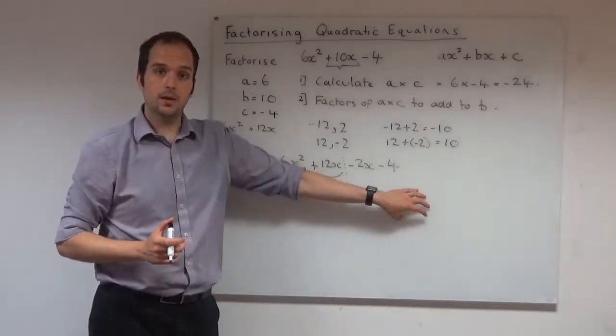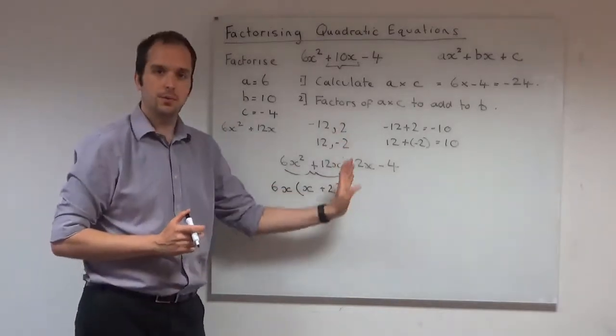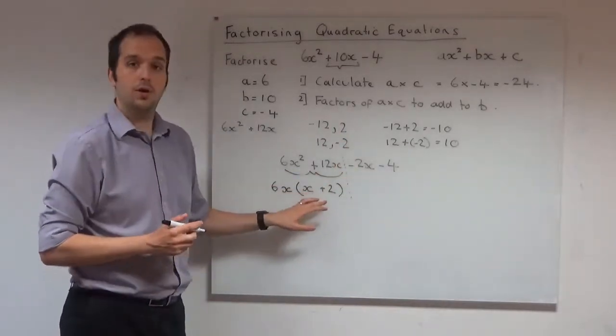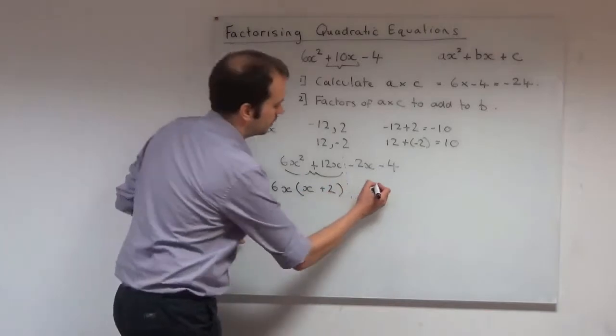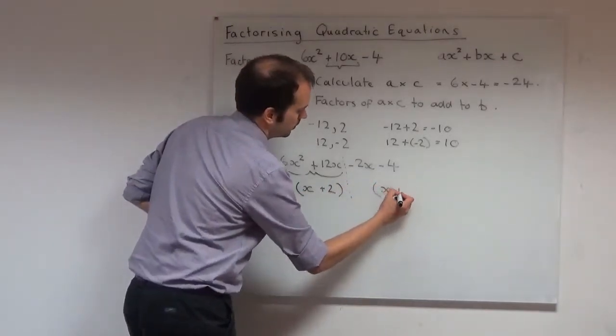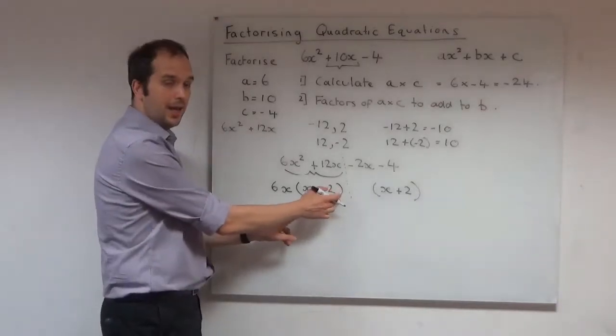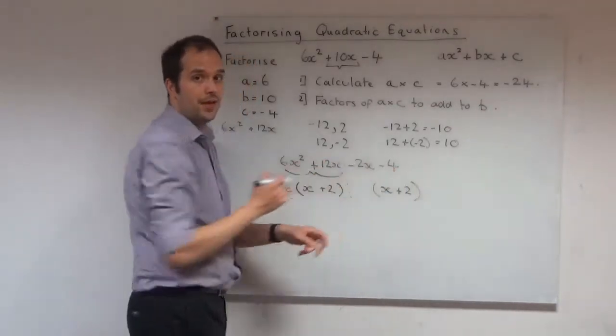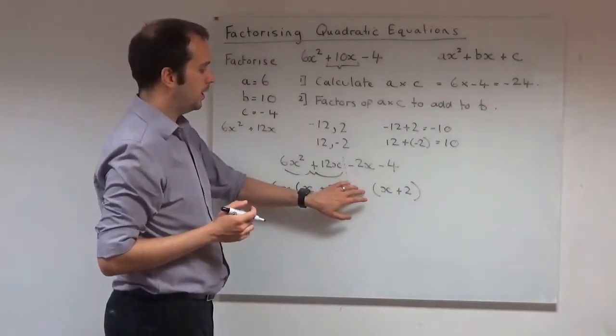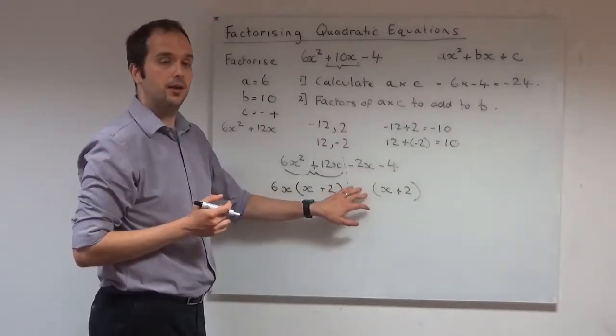So for the right hand side of this invisible line that we've put in, I'm going to put an x plus 2 again. Because what I want in the bracket here should be the same as what we have here. The only thing different is the number in front of our bracket.